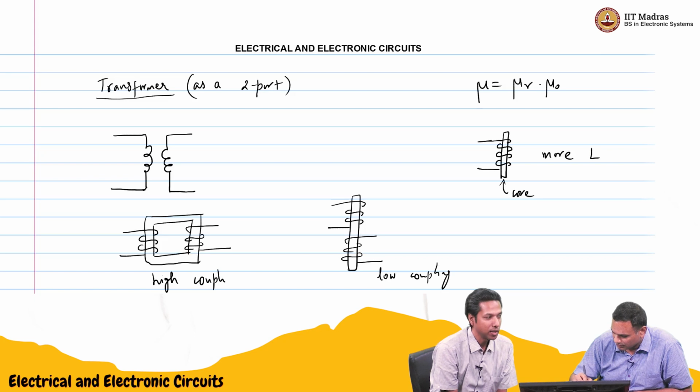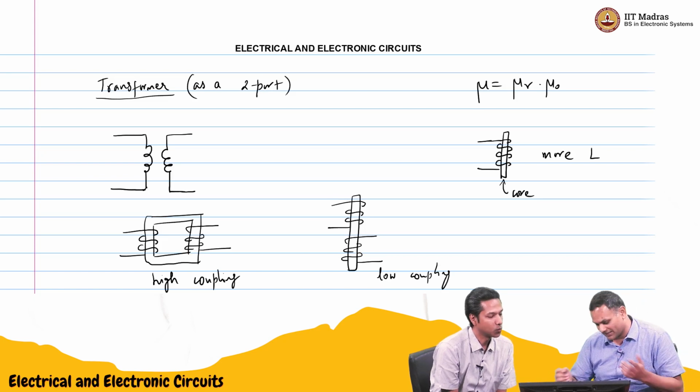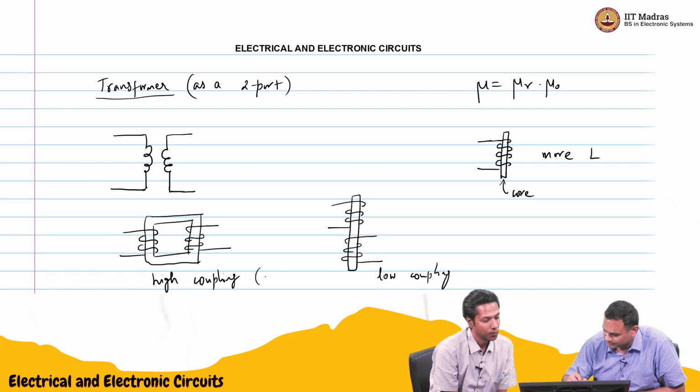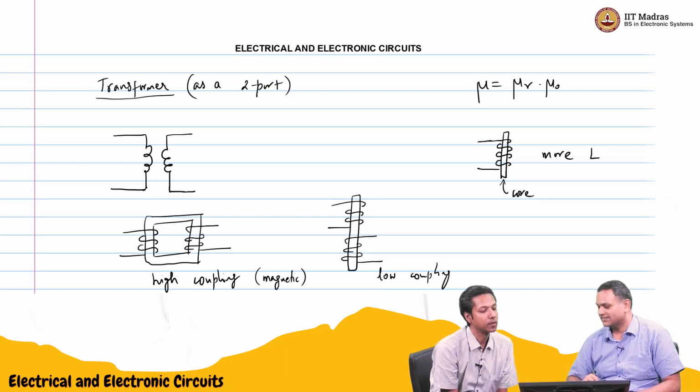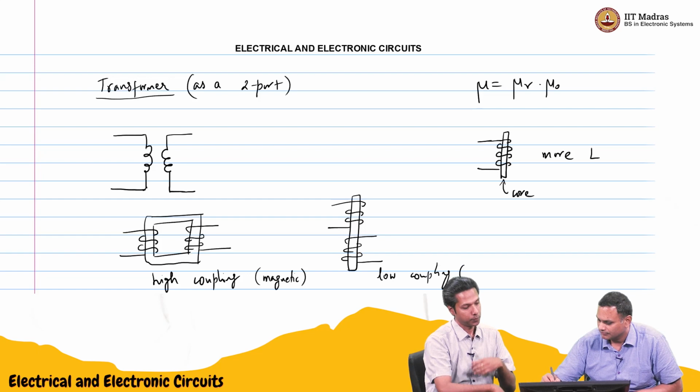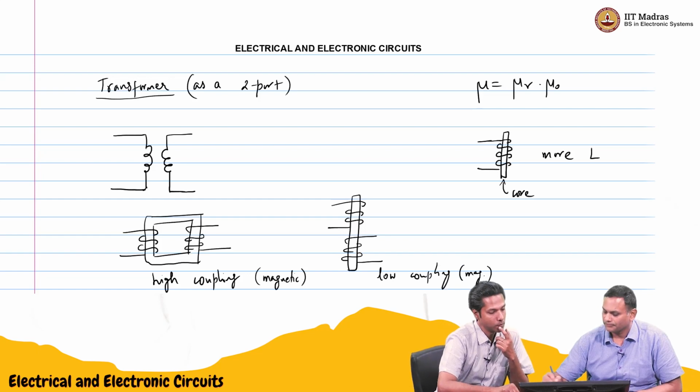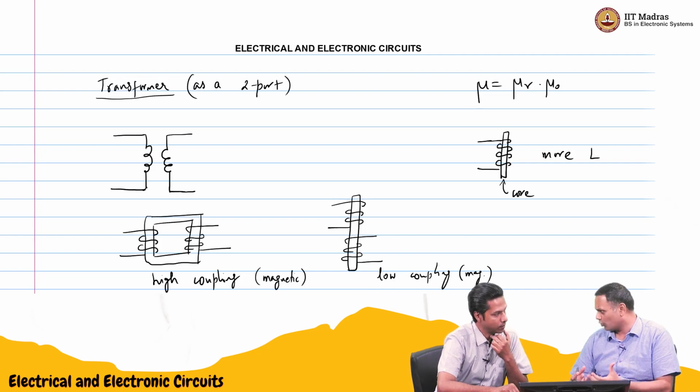So when we are saying coupling, it is magnetic coupling. Now this is an easy way to build a good transformer. You take a closed core and wind two wires.